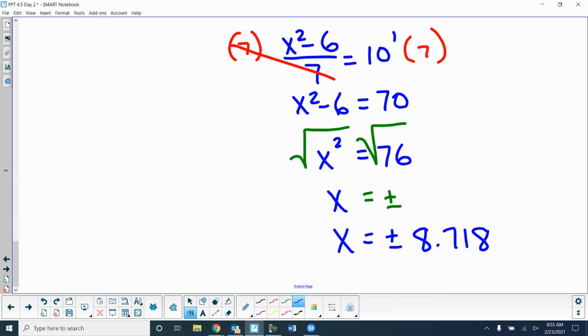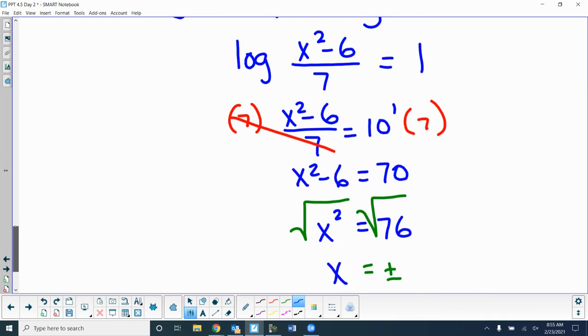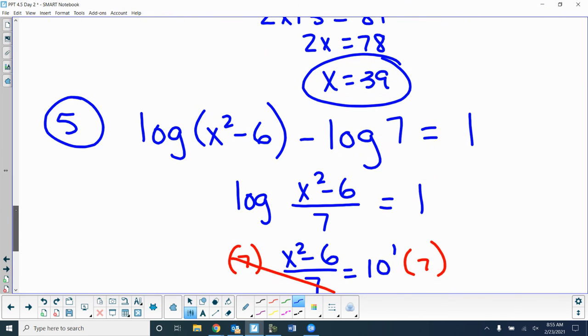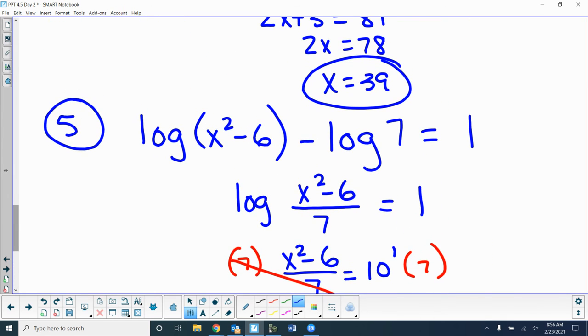Now, do both the plus and the minus work? Well, if I square a negative, what type of number is it? Positive. And if it's 8 squared, it's going to be 64 minus 6. That's going to be a positive number, right? So both of them actually work this time. Both the positive and the negative.